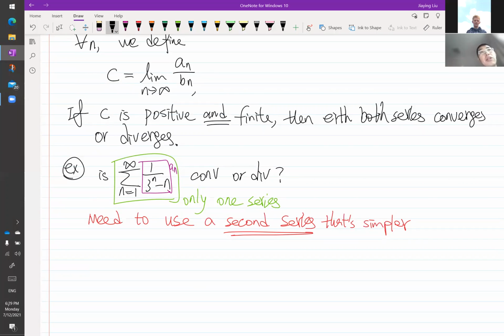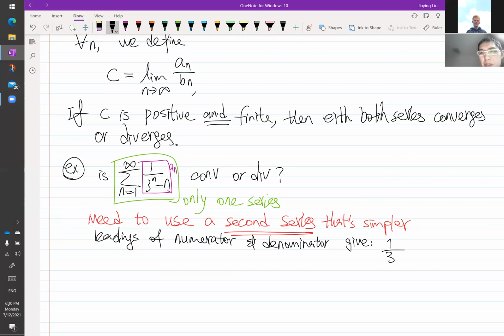As n goes to infinity, if you look at both parts, 3^n will increase a lot faster than n, right? So the leading terms of the numerator and the denominator give 1 in the numerator, and the denominator will be 3 to the power n.